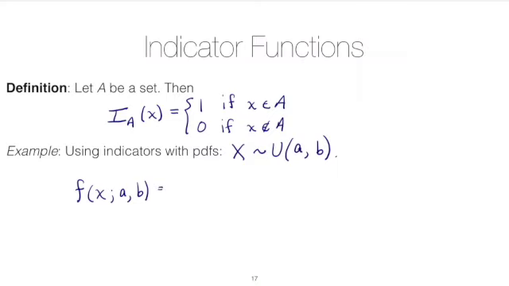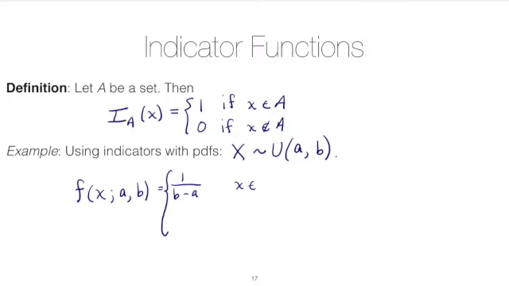And you may have written down the PDF in your prereq course as something like 1 over b minus a. But of course you have to specify the values which x can take on where this is the case. So you could do that by maybe making this piecewise and say, well, that's only true for all x in the interval from a to b, and then it's 0 otherwise.